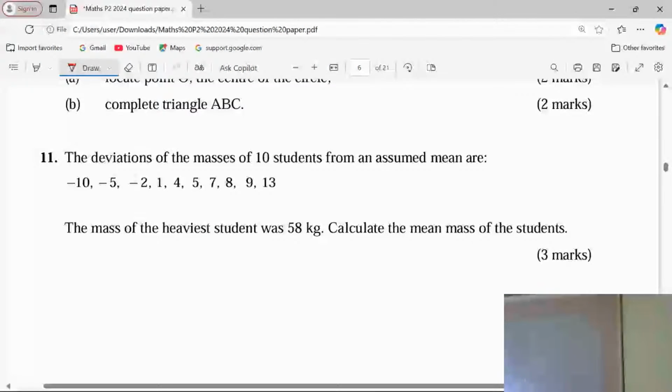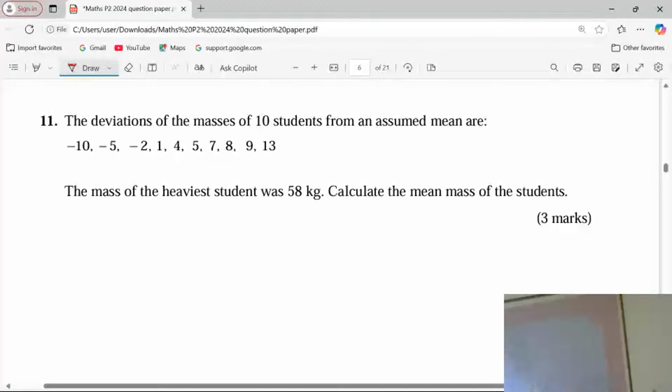I met a very interesting question in number 11. That is what I want us to check this time, a very interesting question from statistics 2. Somebody is telling us that the deviations of the masses of 10 students from an assumed mean are -10, -5, -2, 1, 4, 5, 7, 8, 9, and 13.